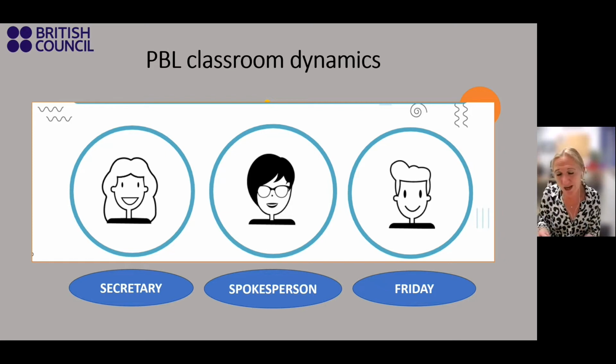Then you do another project and they swap around their roles, and you have the secretary who at this point in this project will be the person who takes notes. So they're the ones with the paper and pen, they're the ones with the tablet, they're the ones who will write up the findings. You have the spokesperson who will present your findings, and you have Friday.